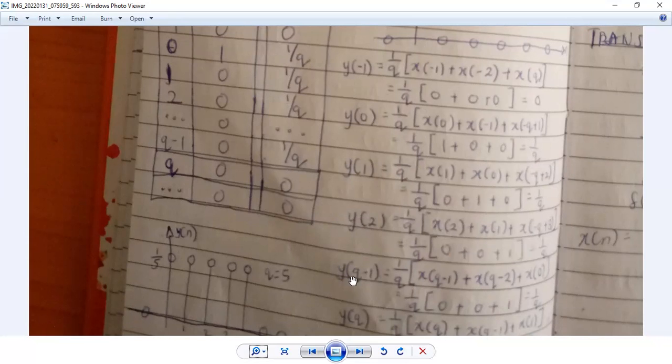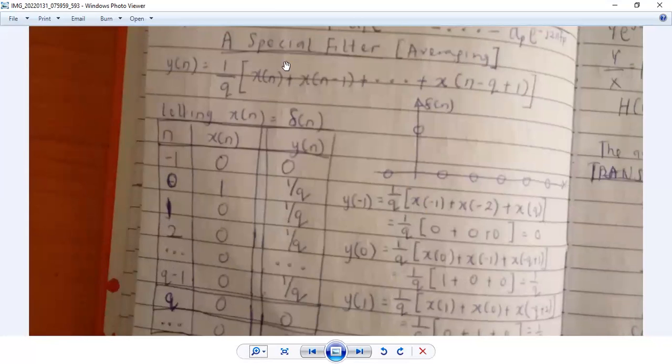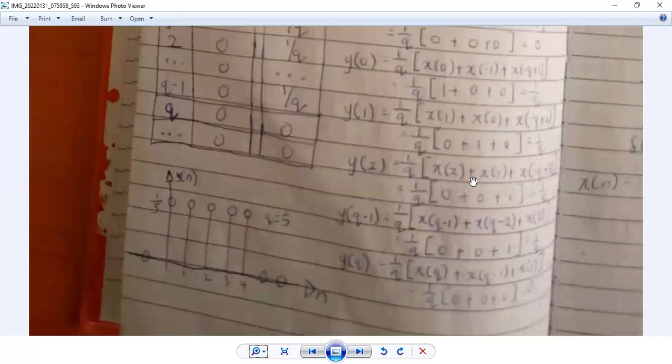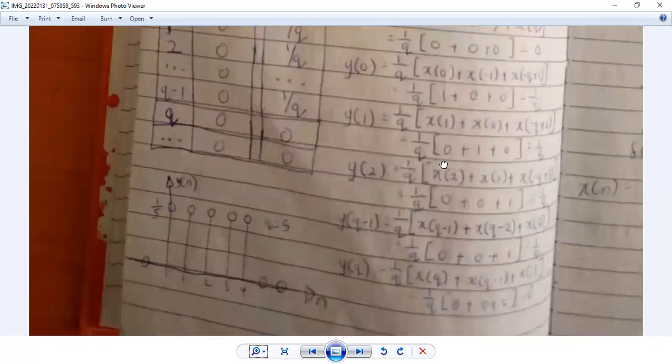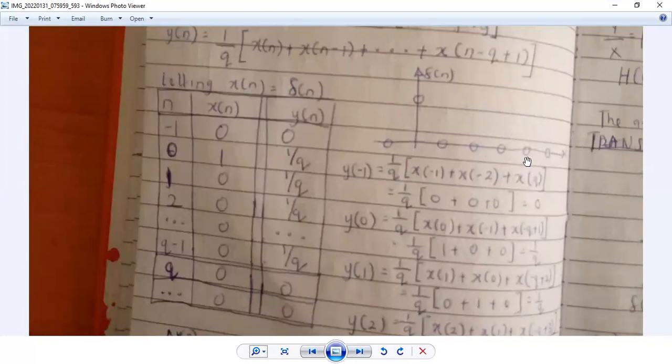Then at n equal to q minus 1, you just plug in q minus 1 here, q minus 1 here, then q minus 1 here. When you plug in q minus 1, we are going to get 0 everywhere except at the impulse. So your final answer is still 1 over q. Then at n equal to q, you have this equation. You are just summing, so you've reached this point.